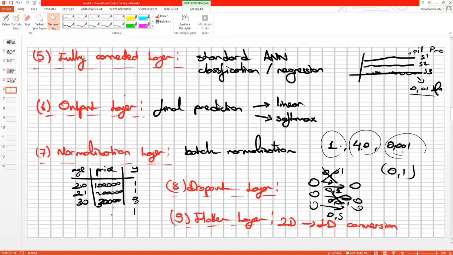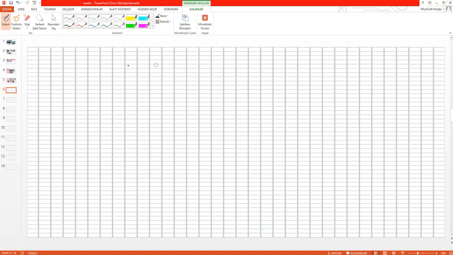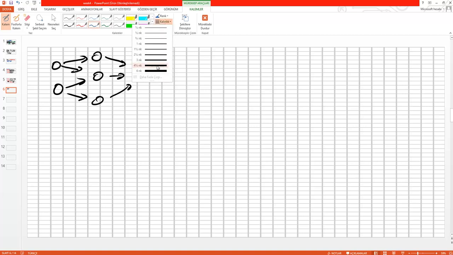For example, you have this data structure. Firstly, this is the output layer. This is 0.9, 0.8, and 0.001.